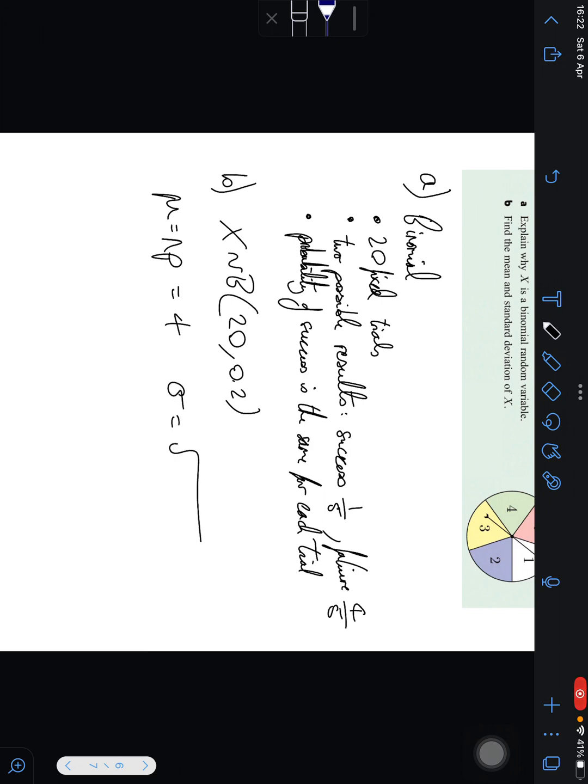And then standard deviation is the square root of np(1 minus p), which is the square root of 4 times 0.8. And that's just 3.2. So the square root of 3.2, which I'm willing to calculate for.